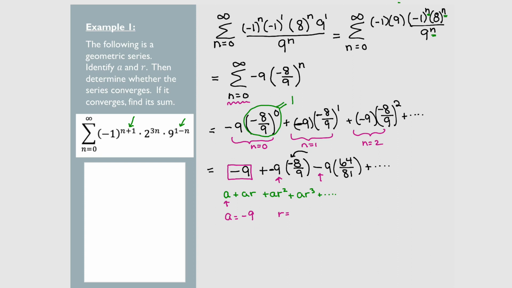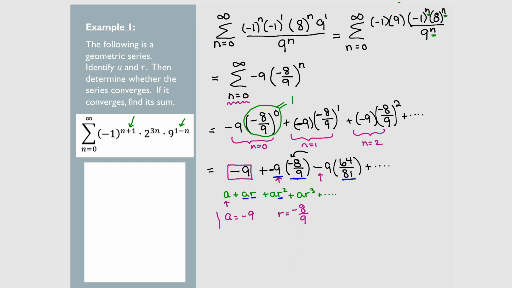So if I'm looking at this right here, I have negative 9 as my first term, my A value, and the second one is going to be A times R. So I have my A value, but this has to be my R value. My R value is the thing that gets multiplied. And if I take that and square it, sure enough, negative 8 over 9 squared is 64 over 81. So each time I'm multiplying by a factor of negative 8 over 9, so my R value is negative 8 over 9. So far, so good.